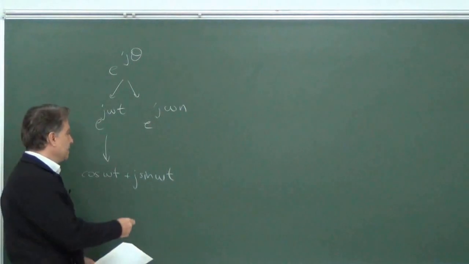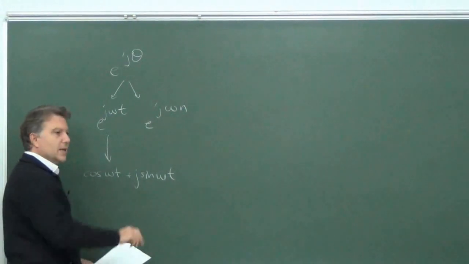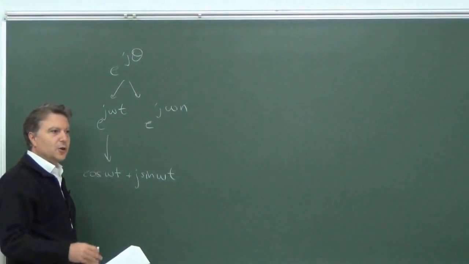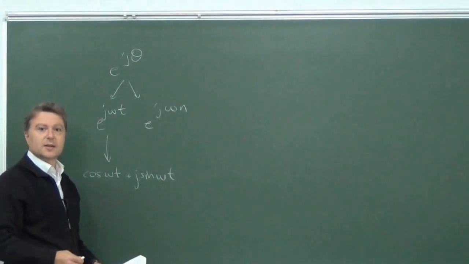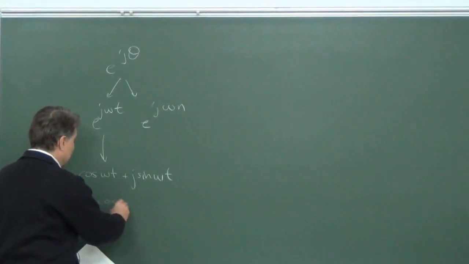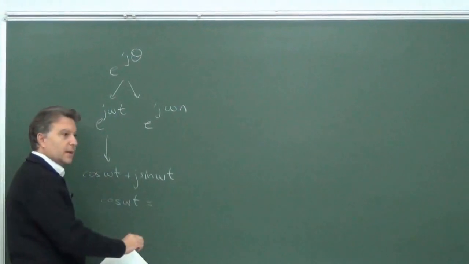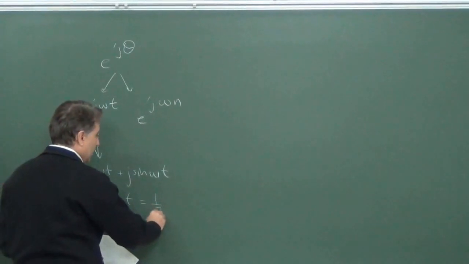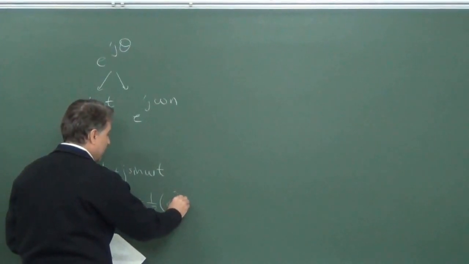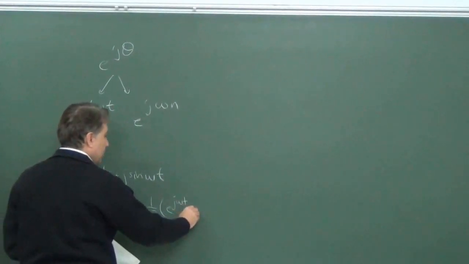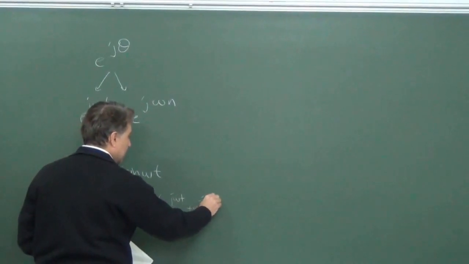And conversely, any cosine or a sine can be represented in terms of e to the signals. For example, what's a cosine omega t then? It is 1 over 2 parentheses, e to the j omega t plus e to the minus j omega t.